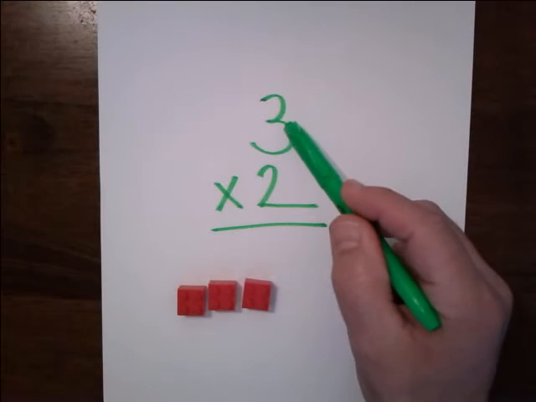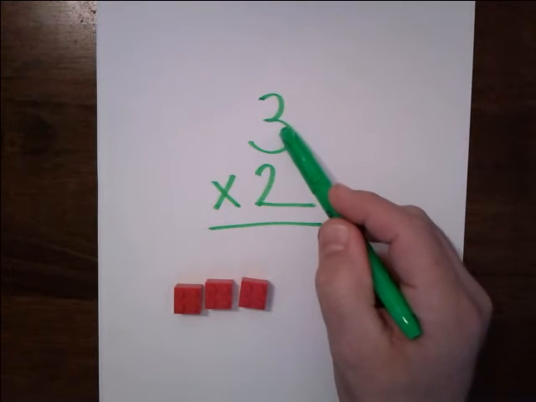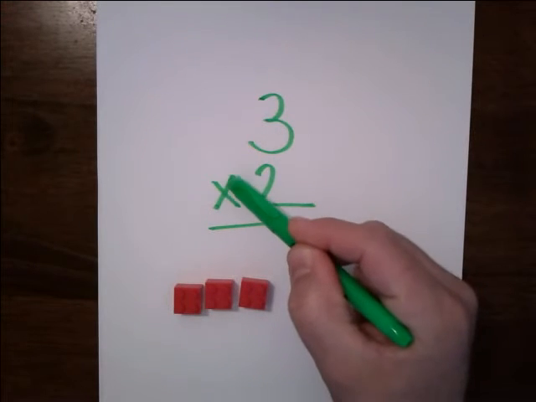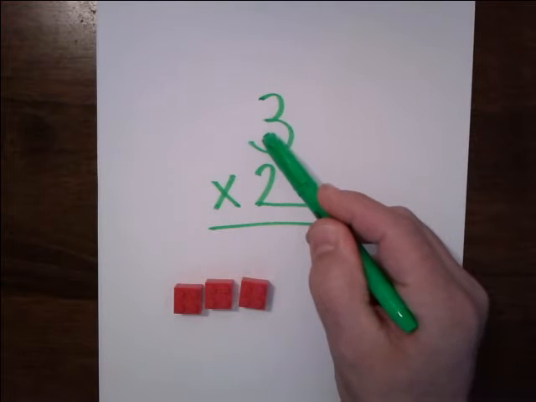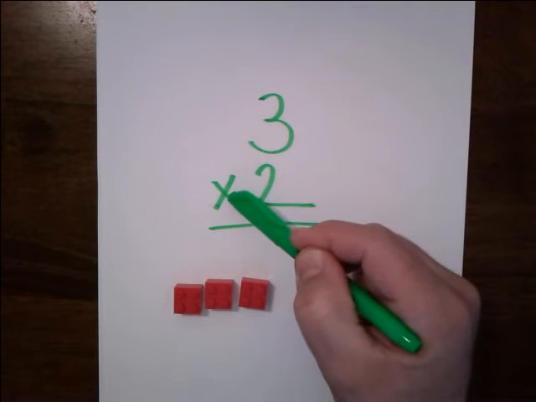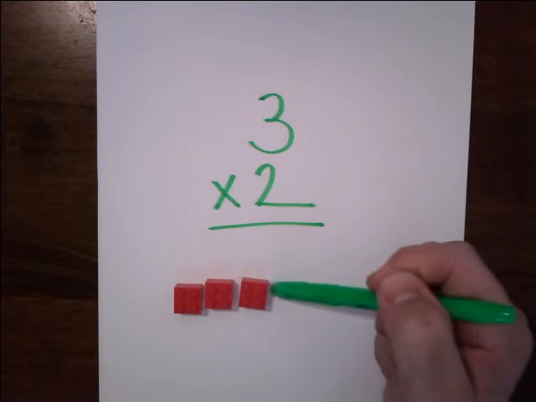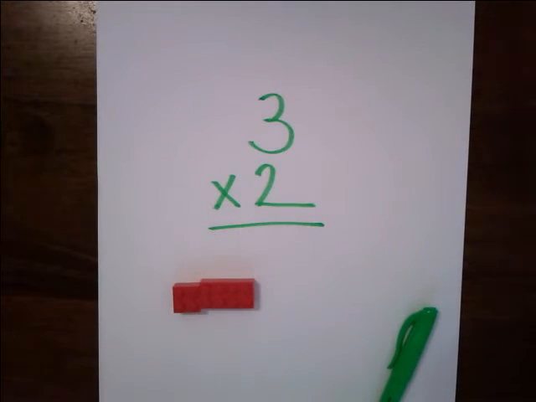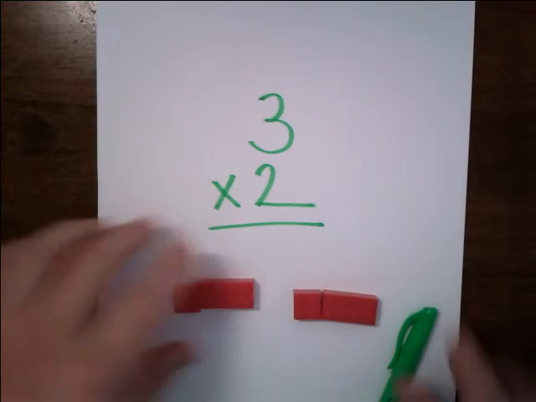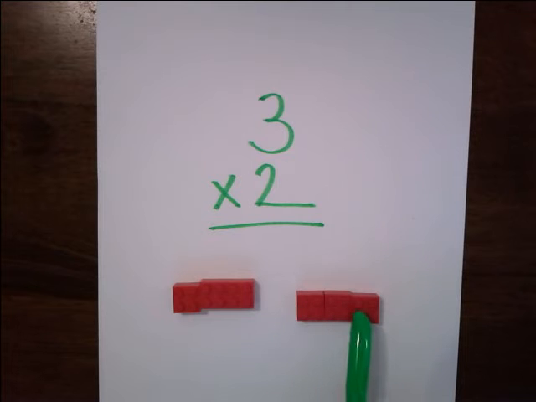So, okay, we have this number 3, and there it is. This is telling me this is how much I need. Then our multiplication sign is telling us we're going to take 3 2 times. So that means I have to have 3 blocks twice. Well, I already have them here once, so I'm going to have to make a second group of 3, and you can see I have that 1, 2, 3.